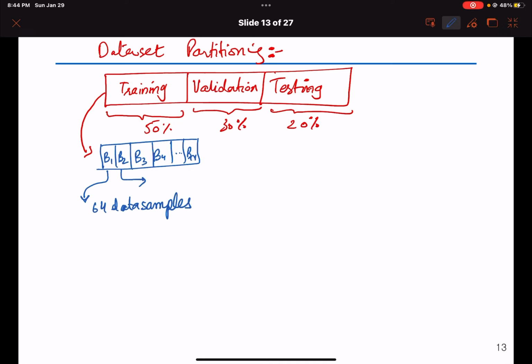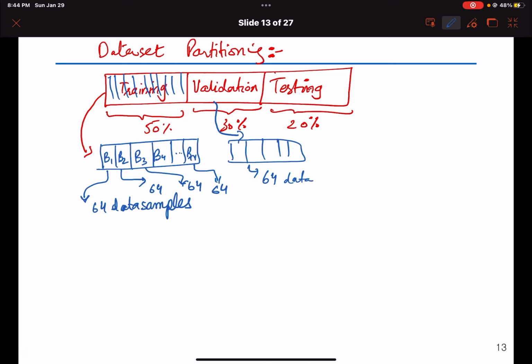Then the next one, 64 data samples. Next one, 64. Nth batch, 64 data samples. Your whole dataset is composed of data samples, and this is how we organize the data in batches. Similarly will be the structure of your validation data. If there are 64, you set 64 data samples for each batch in your validation data as well as your testing data.